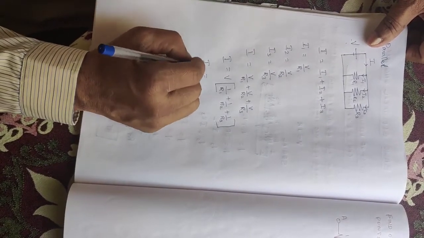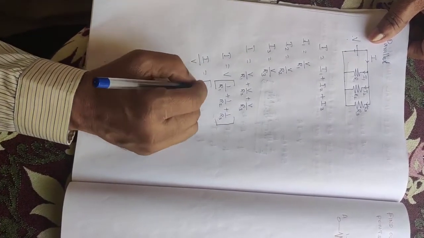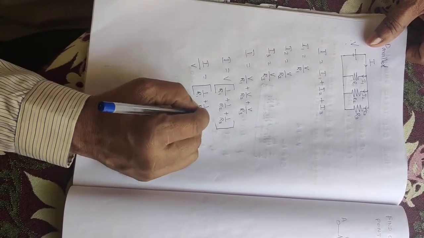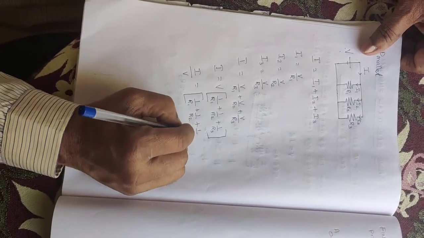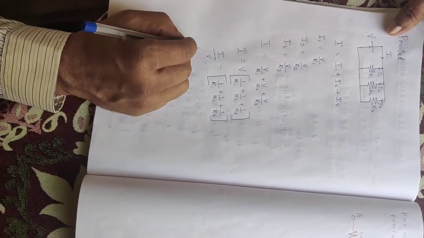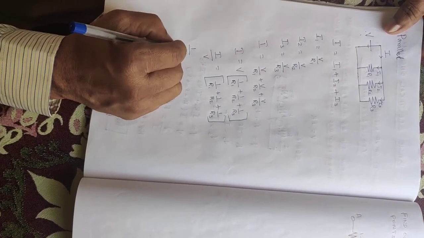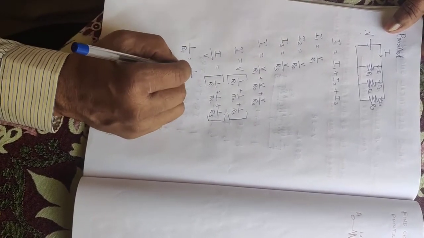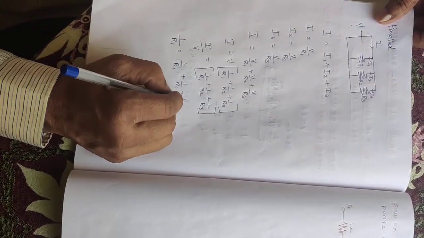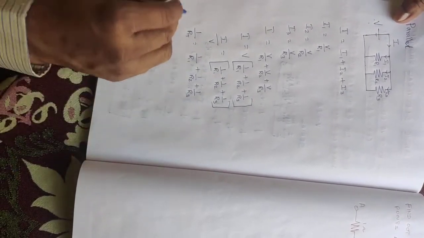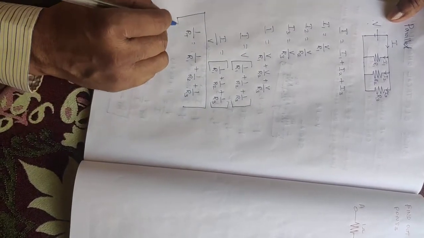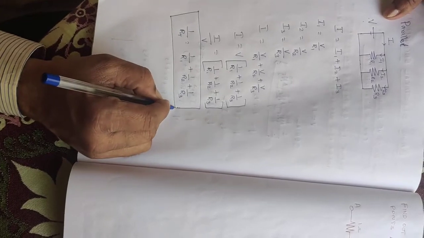Then I by V is equal to 1 by R1 plus 1 by R2 plus 1 by R3. From Ohm's law, I by V is equal to 1 by R. So 1 by RT is equal to 1 by R1 plus 1 by R2 plus 1 by R3. So this is the equation for finding the total resistance in the parallel circuit.